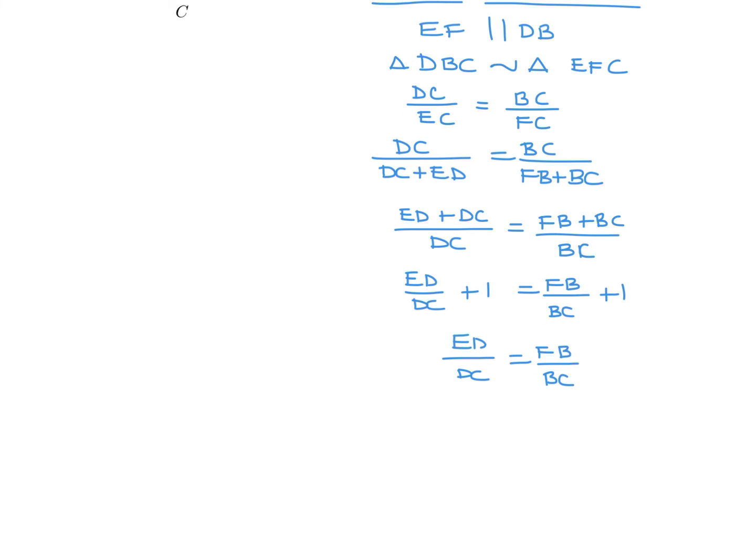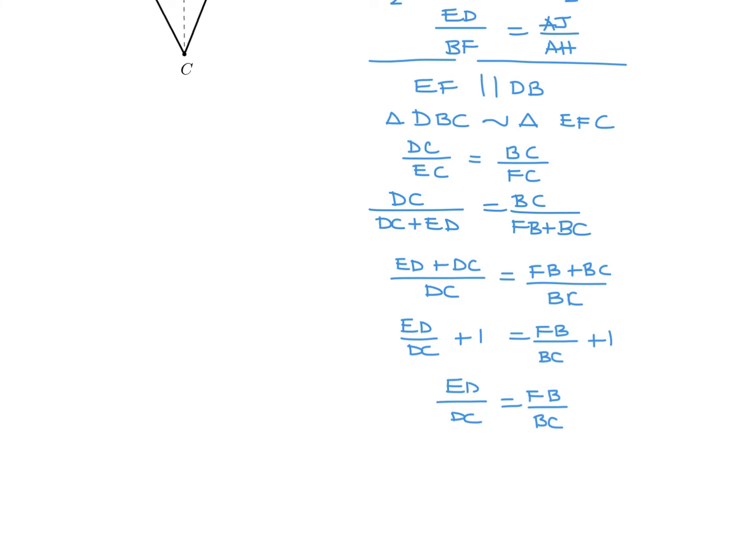All right. Now, we had previously concluded that ED over BF is this, but we have to manipulate this just a little bit. We have to put ED over FB. FB is the same as BF, so I'll just write BF is DC over BC, like that. Now, we had previously proven that ED over BF is AJ over AH, so we can just put AJ over AH right here.